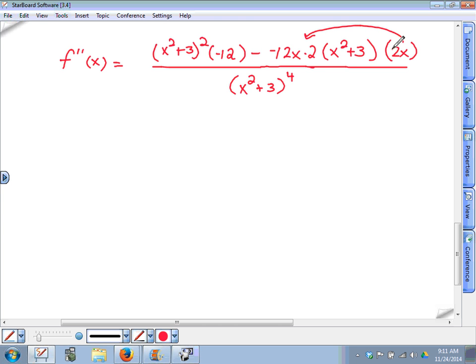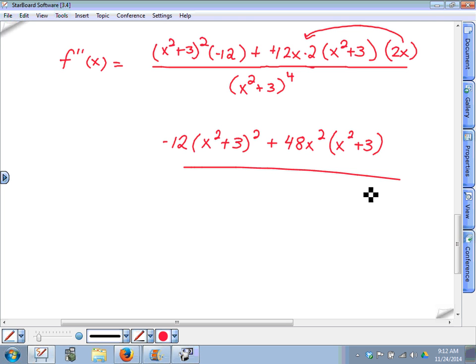Multiply this here, we're going to get, that's a plus, 12 times 2 is 24, 24 times 2 is 48. So negative 12 times x squared plus 3 squared plus 48x squared times x squared plus 3, all over x squared plus 3 to the 4th.